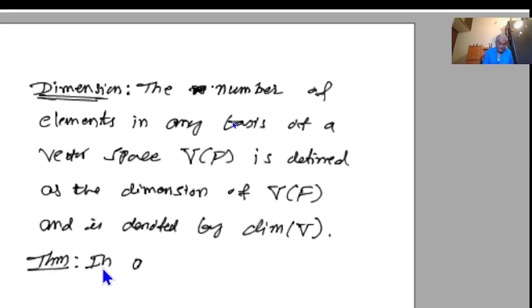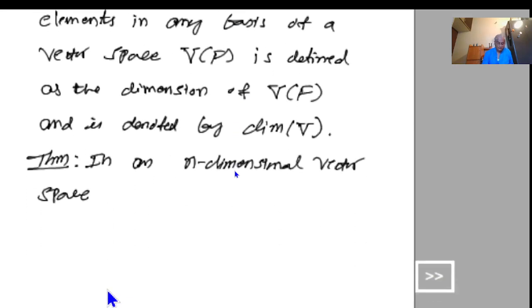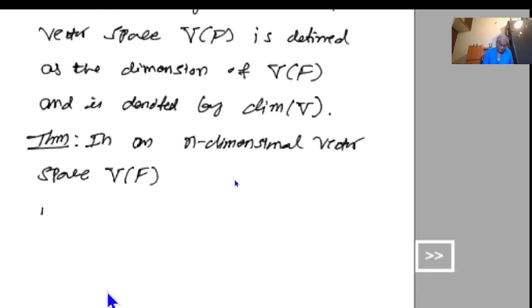in an n-dimensional vector space V over F, number one, any n plus 1 vectors are linearly dependent.